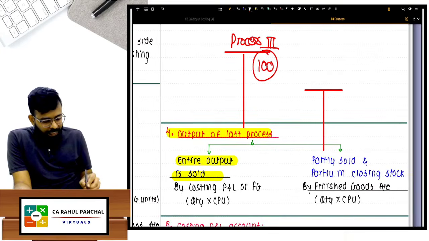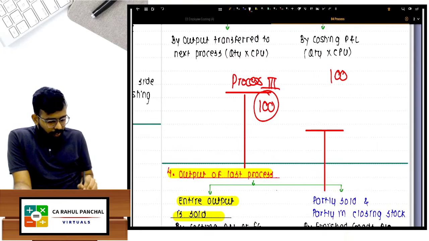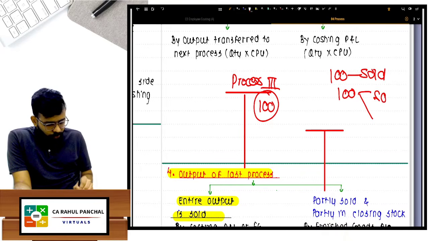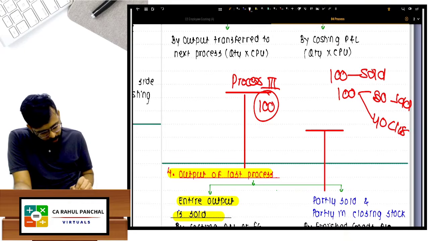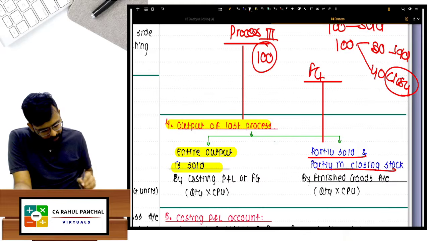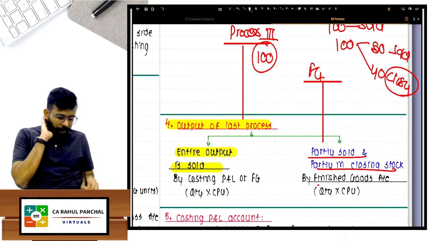So be 100 units, it has two options. Either all 100 are sold, or out of 100, let us say 60 is sold and 40 is in the closing stock. There is some stock, then you have to make finished goods. That is partly sold and partly in closing stock. So you're gonna make finished goods account.